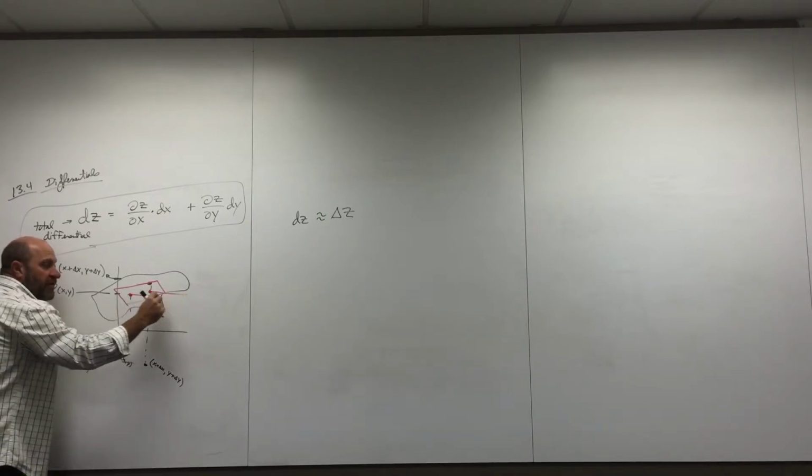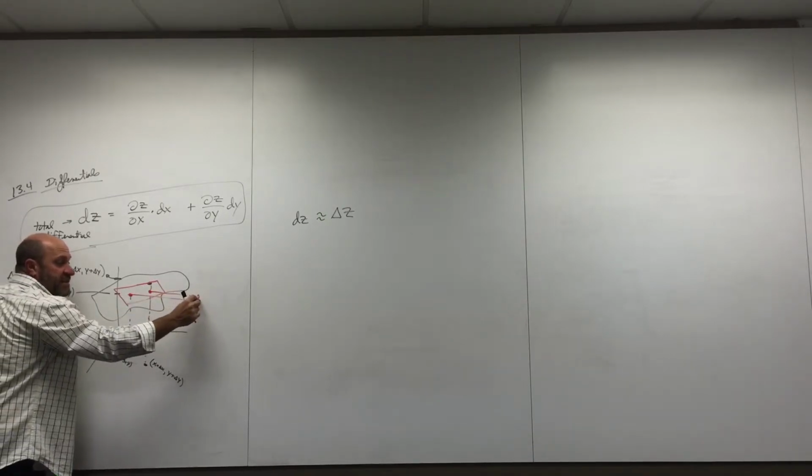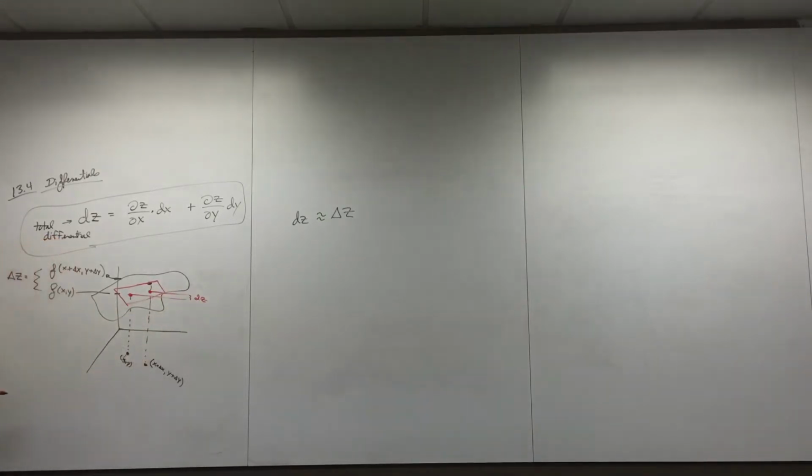That change in z is dz. And it's an approximation. This is a geometrical explanation for what this dz is. We don't necessarily need this geometrical explanation, but it helps to have some kind of explanation. Otherwise, it's just some formula.